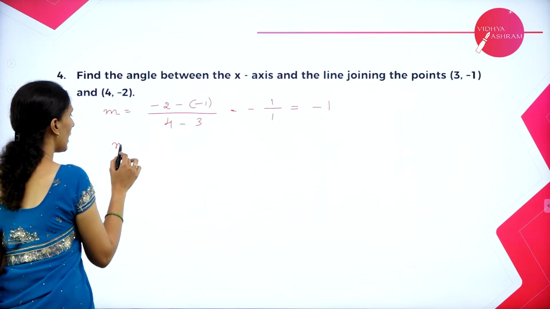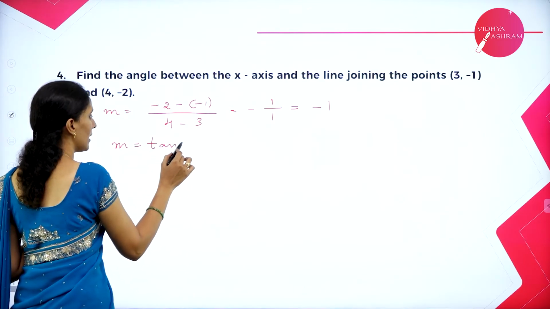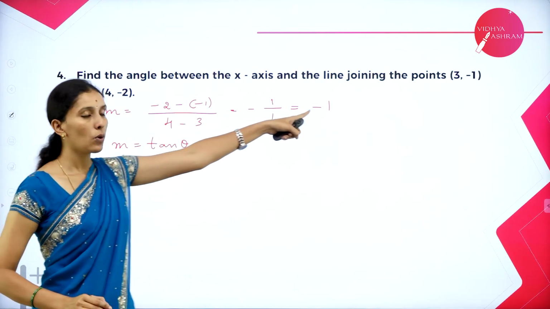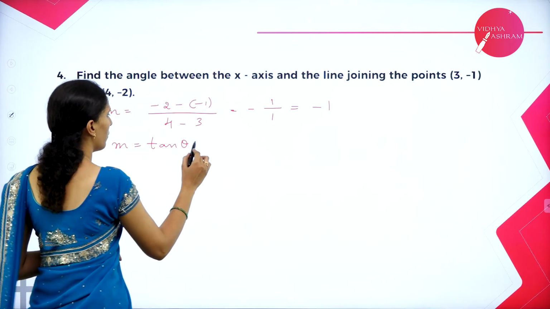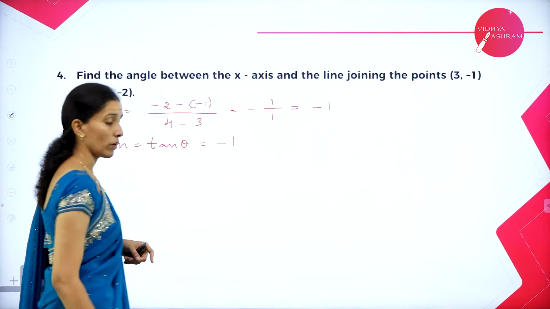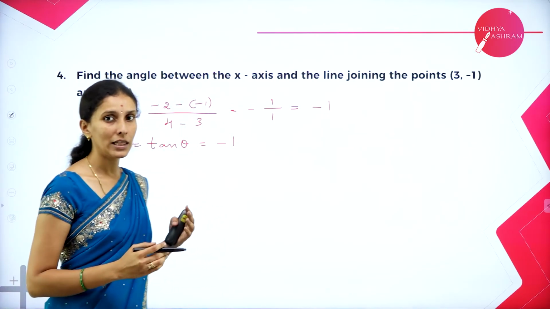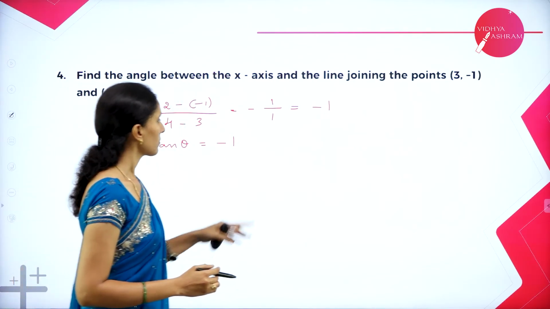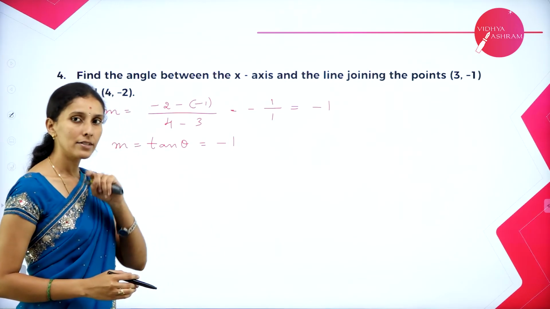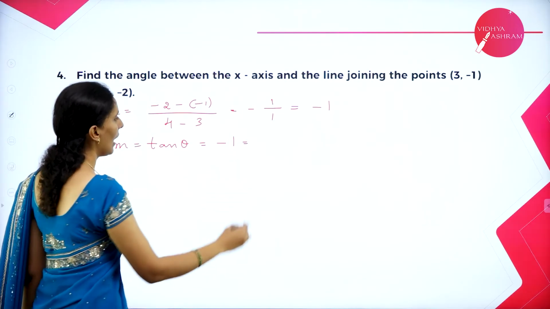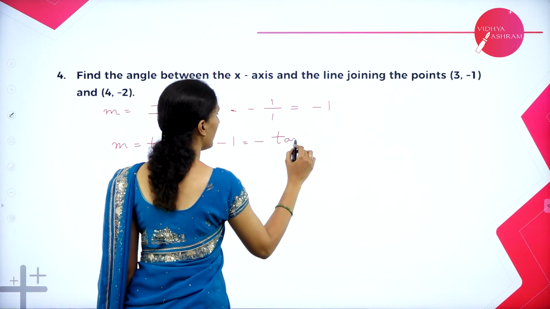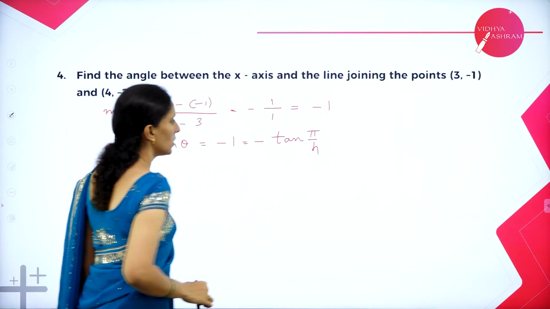Now we know that m is equal to tan theta. We have got m is equal to minus 1. So tan theta is minus 1. For what values is tan theta minus 1? We know tan is 1 for pi by 4. I'll write this as minus tan pi by 4.